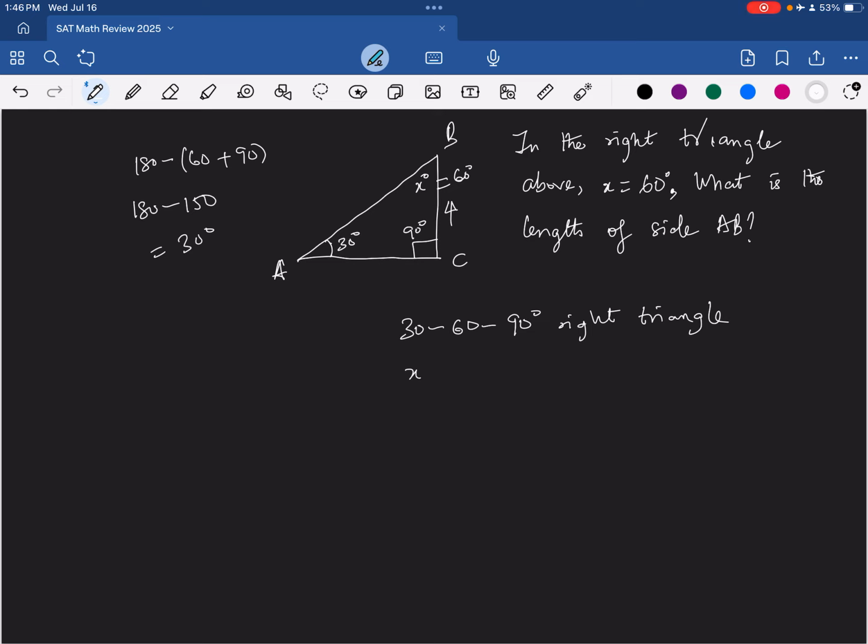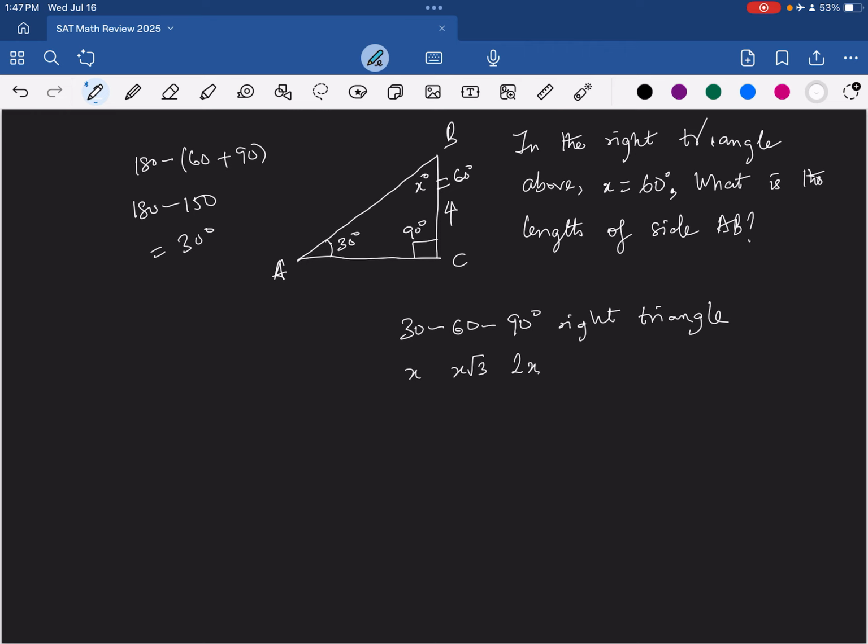The side facing 30 is always x. The side facing 60 is always x root 3. And the side facing 90, which is the hypotenuse, is 2x. This is the important thing you need to know about the 30, 60, 90.